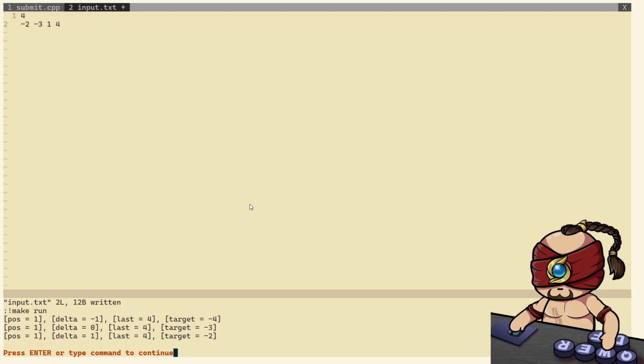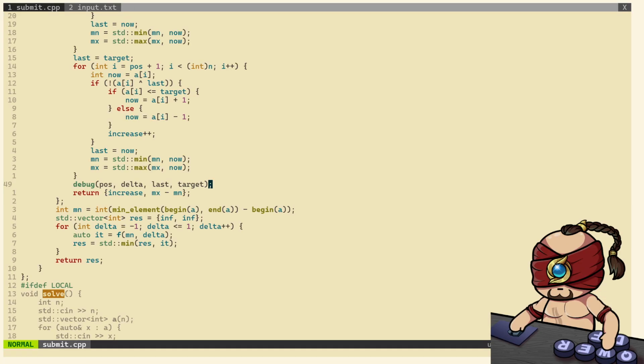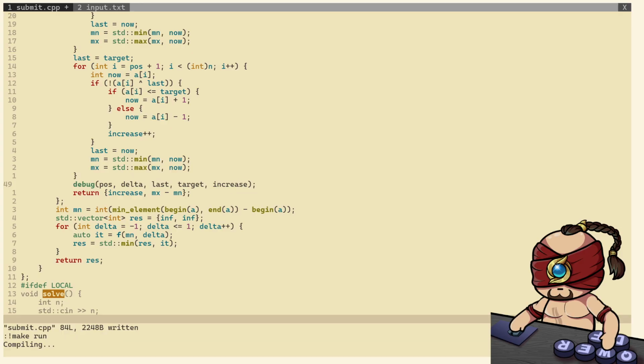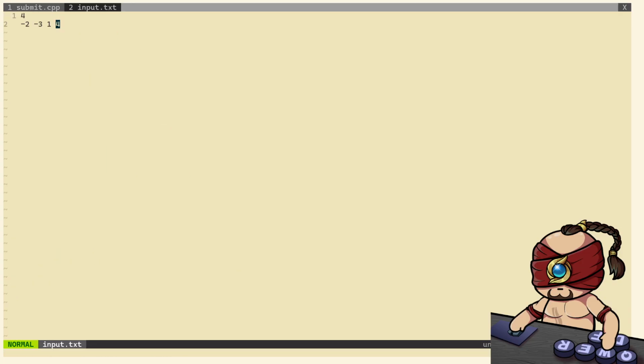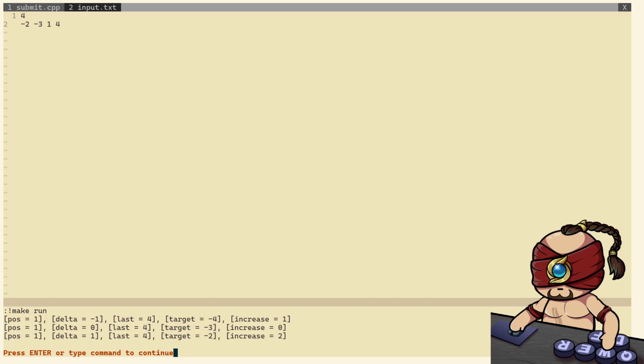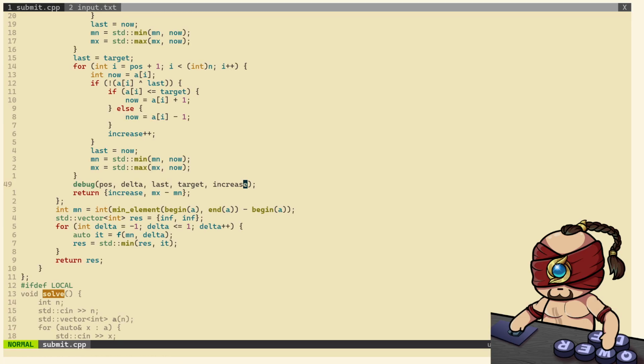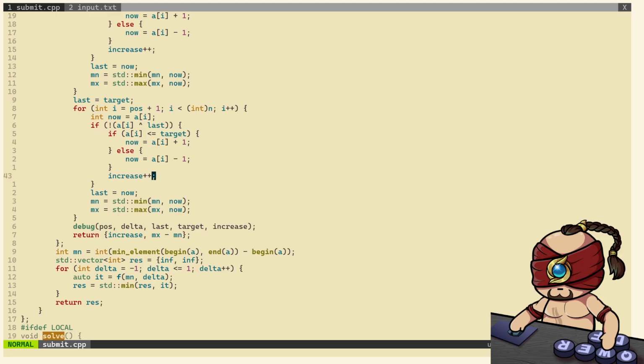Last is 4, delta. Increase. Min. -2. How is that possible? How is that possible?